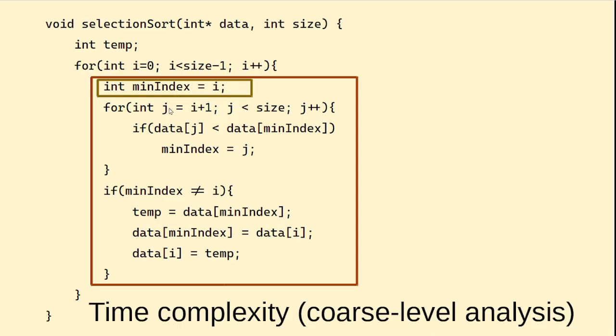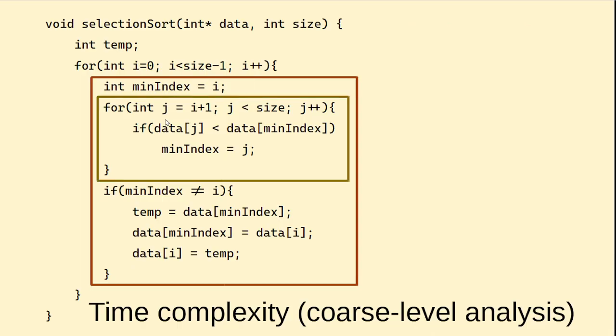The purpose of the inner loop is to update that assumed minimum index value. So if there is another value in the array which is smaller than the selected minimum value, it will update the minimum index with the index of that element.